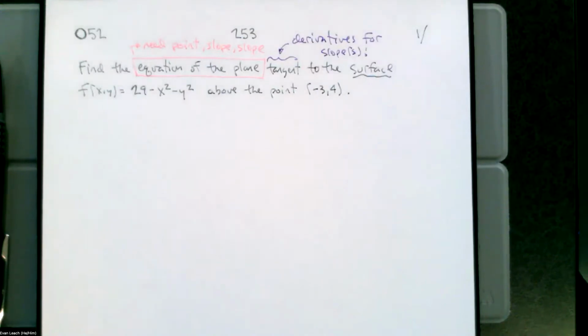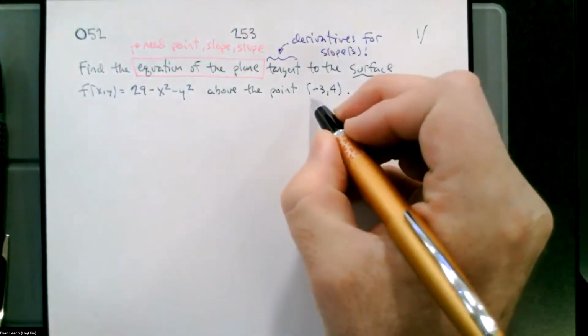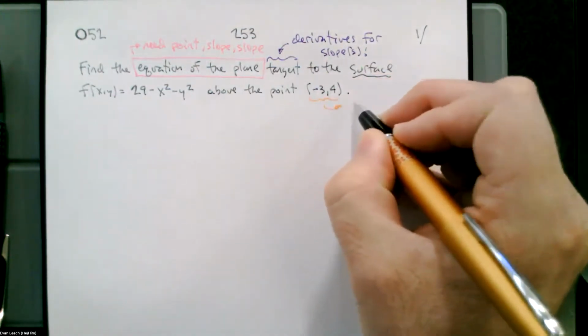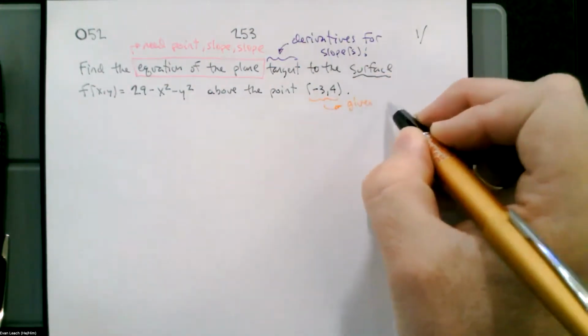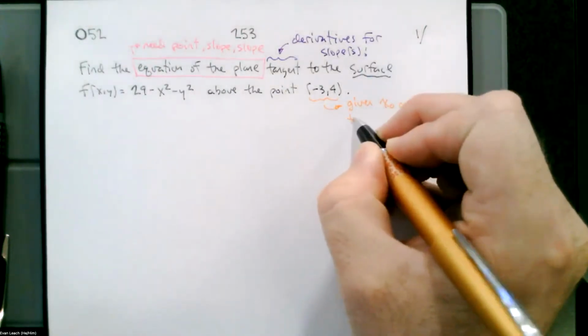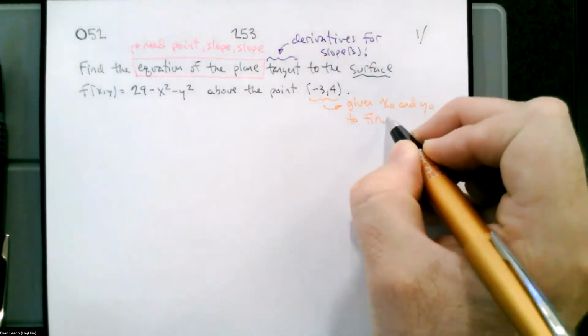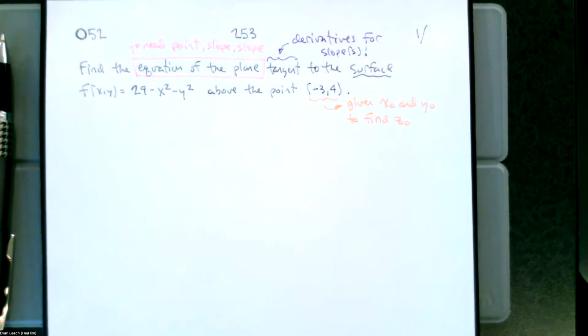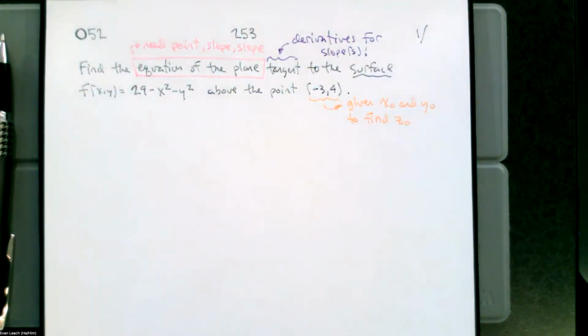We've had to increase the number of things that we were given. I gave you a point -3, 4. So I gave you an x naught and a y naught instead of just x. Instead of just saying when x equals 3, I got to give you an x and a y.